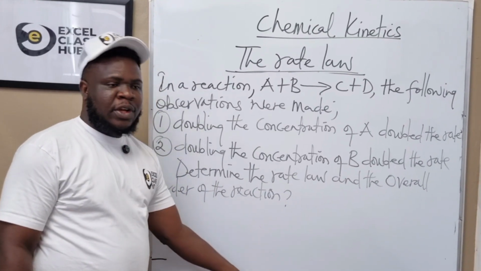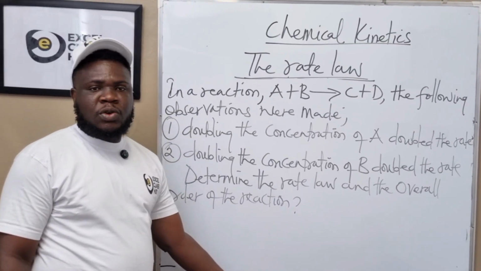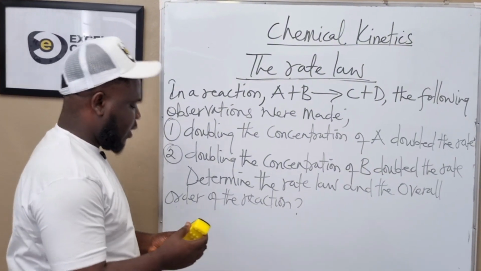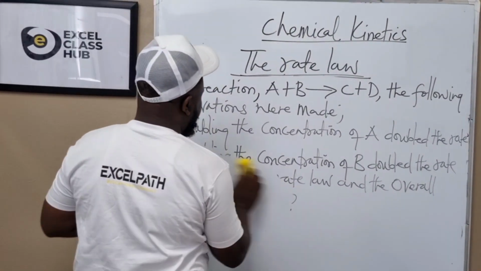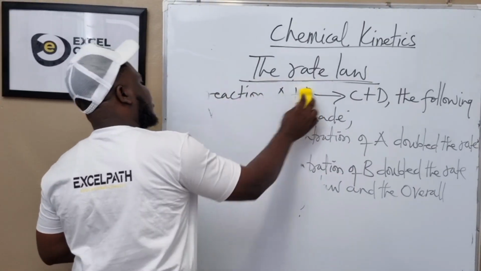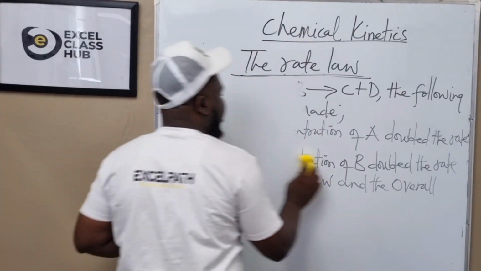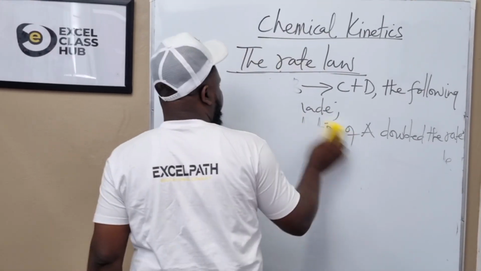So if you want to solve a question of this nature, what you are to do first of all is to write or to propose a rate law expression for this reaction.